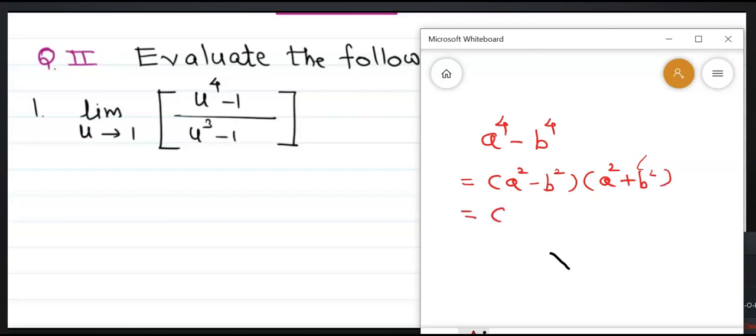And again the factors are a minus b in the first bracket and in the second bracket a plus b into a square plus b square.